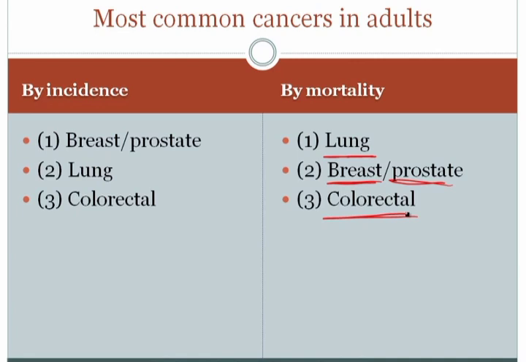And so one of the things that I like to highlight when we look at this list is notice the change. Although breast and prostate are the most common, they aren't the most common killers. And instead, lung, although it's less common than breast and prostate, jumps up to become the number one killer.